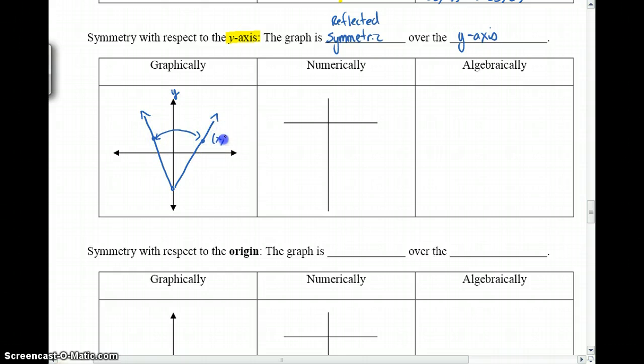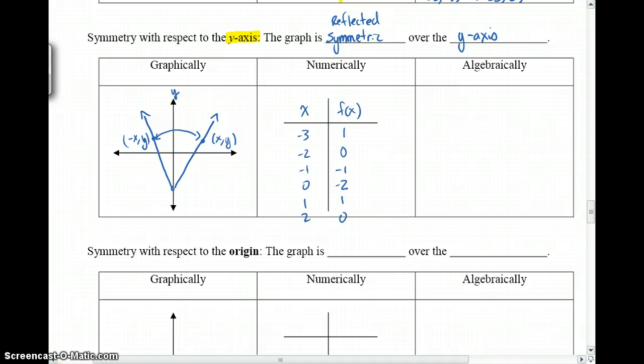So for every point (x, y), I know that negative x, y is going to be another point. Looking at the table, x and f of x, I could do -3, -2, -1, 0, 1, 2. Let's say this starts at 1, 0, -1, -2, 1, 0.